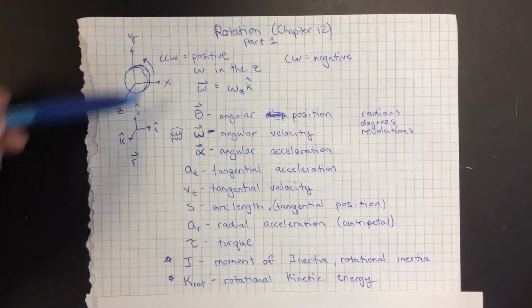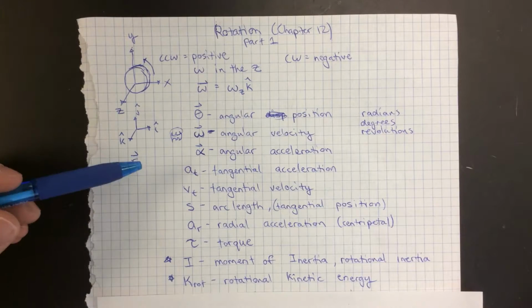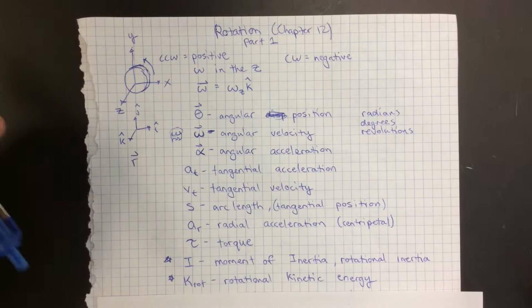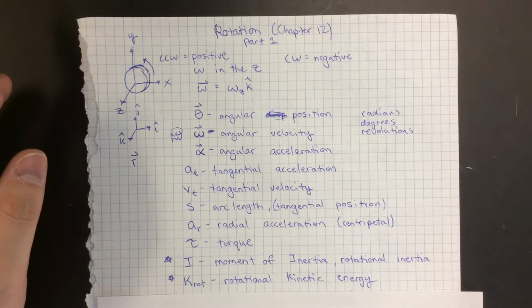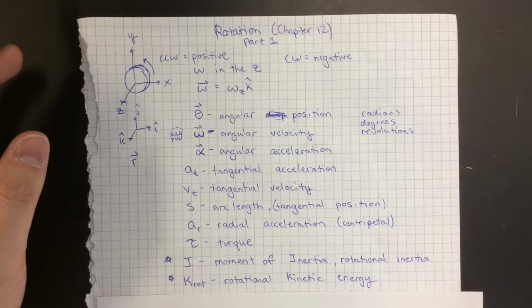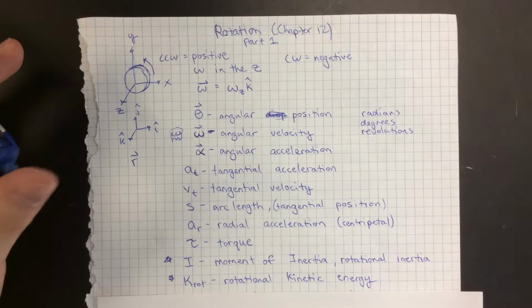Now a lot of this, rotation comes in when everything that we've done in translation, like the boxes, or sliding on a ramp, or the skier with rocket jet skis, whatever, we usually consider them like particles with no volume. Right? We don't usually take into account its volume, how tall the person is, its shape.